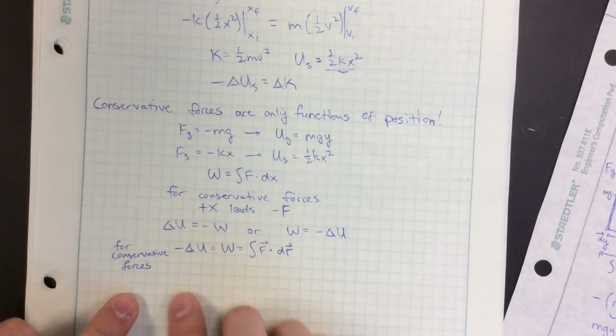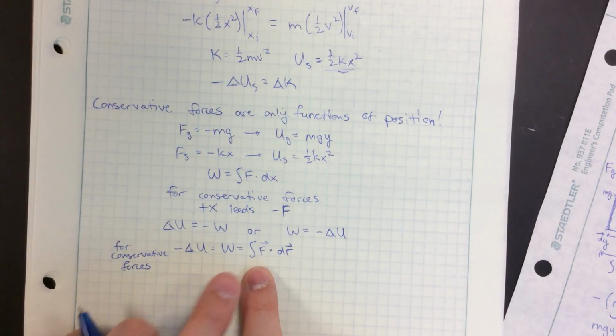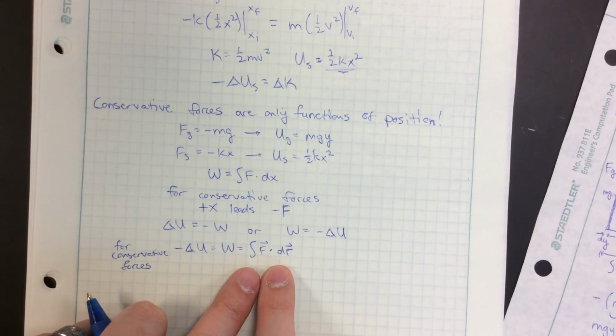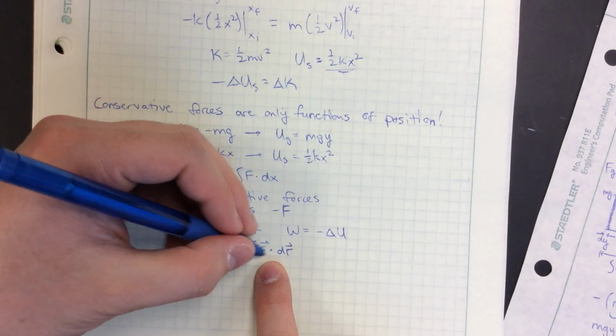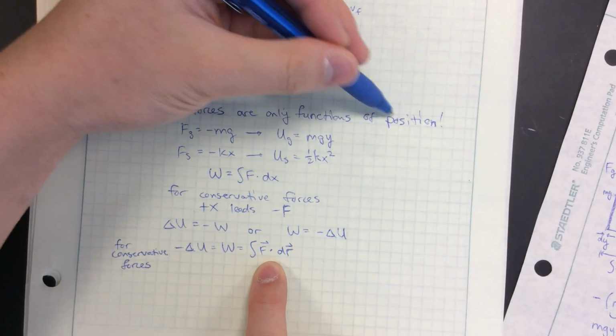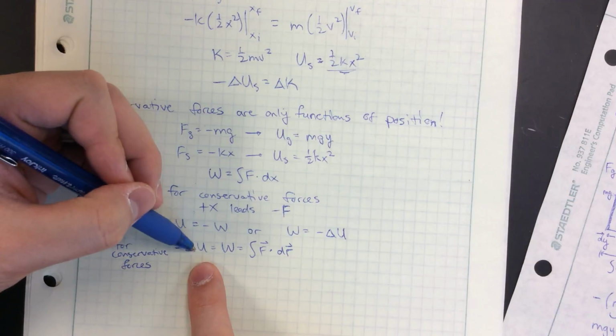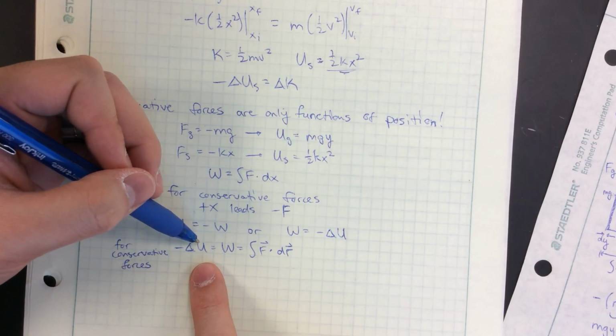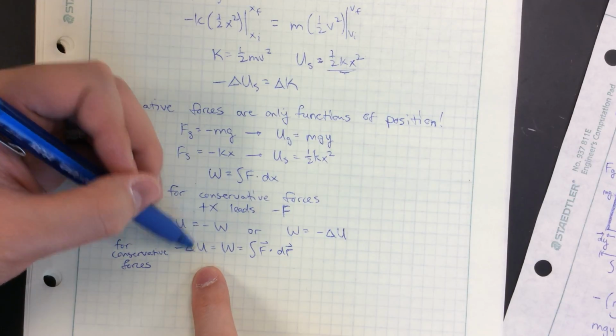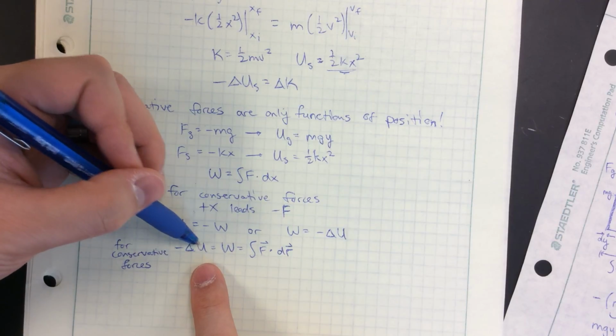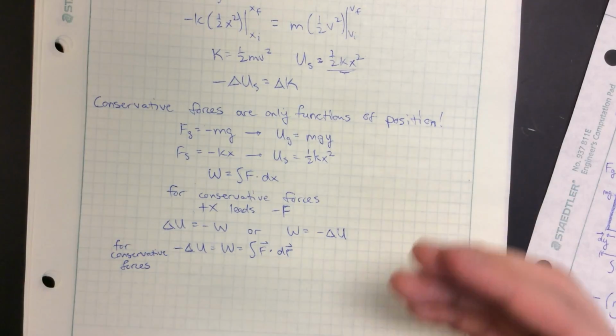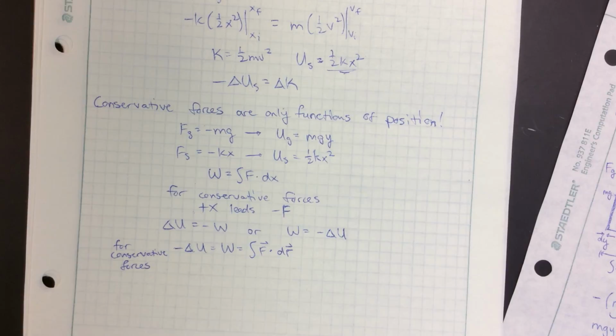If you have a conservative force, the work done by it is usually a force that is a function of position, which means that you can kind of create this potential energy function, and that potential energy function is usually opposite to the work that's being done. Okay. So this is super confusing.